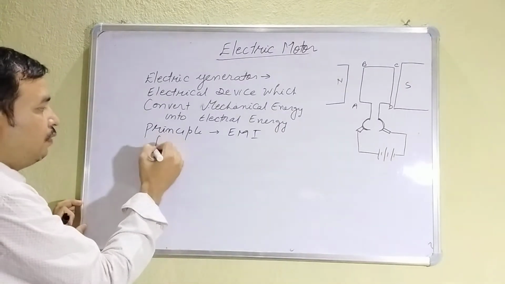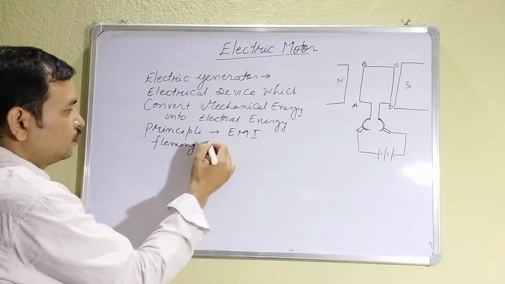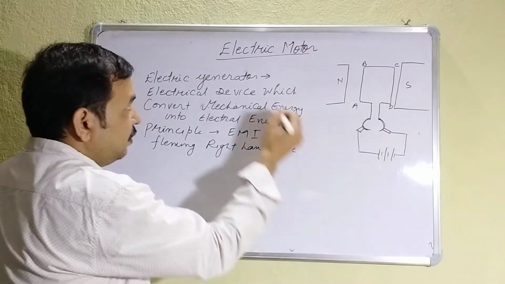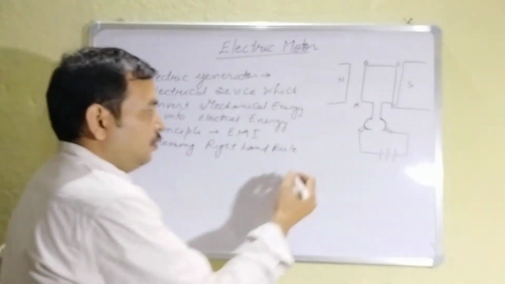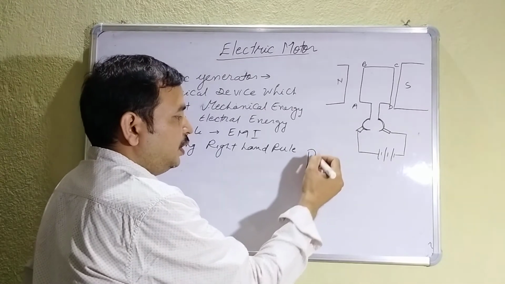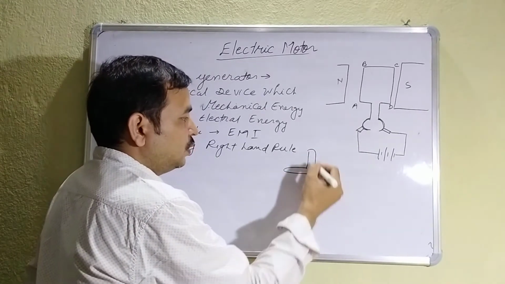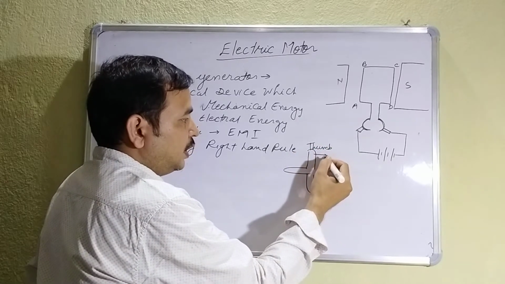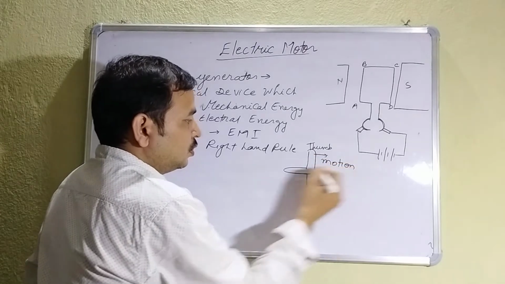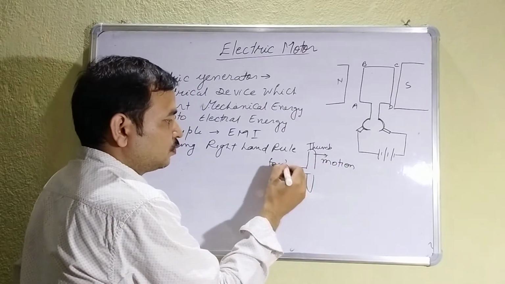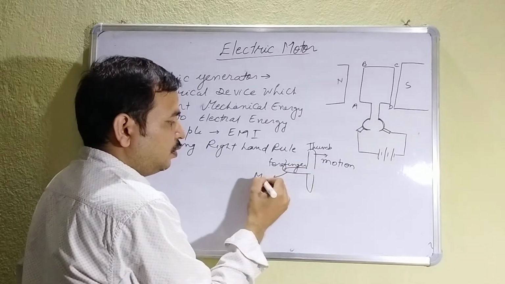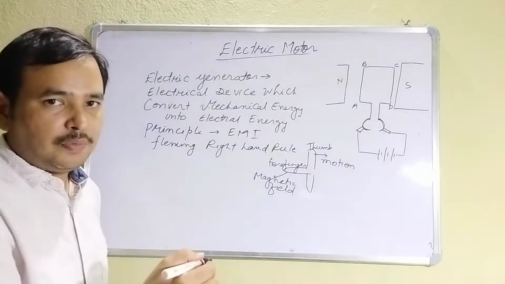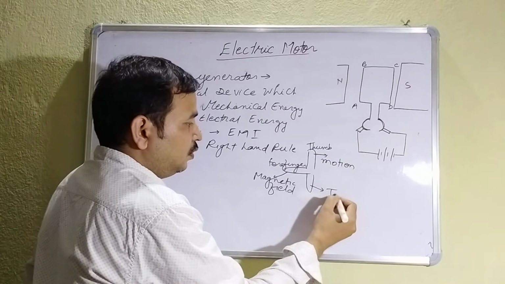And we used Fleming's right hand rule here. All these things we will write for the electric motor, that's why I am writing. In the right hand, the thumb indicates the direction of motion, the forefinger indicates the direction of magnetic field, and the middle finger indicates the direction of induced current.